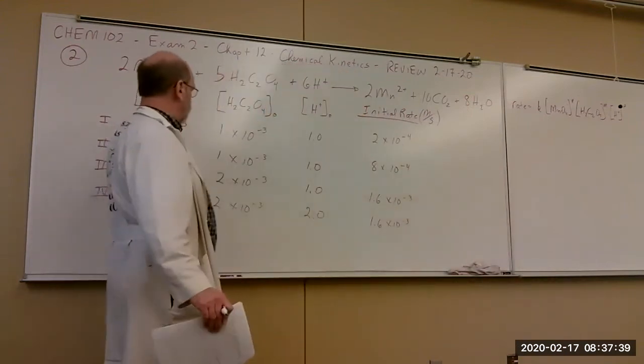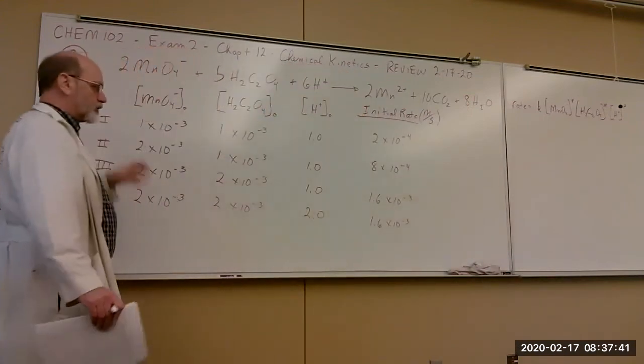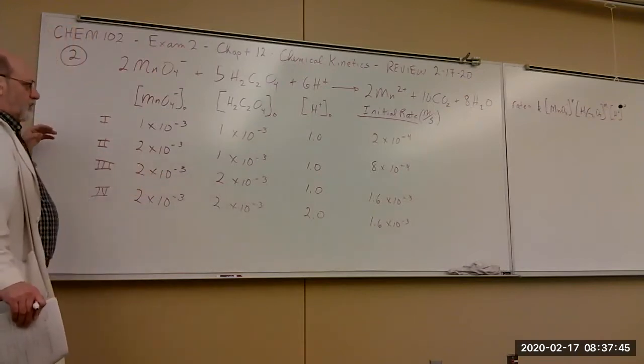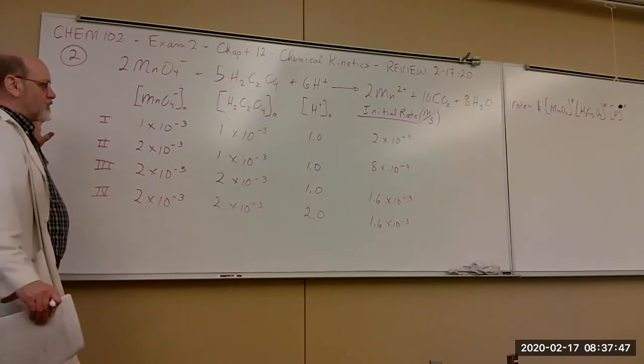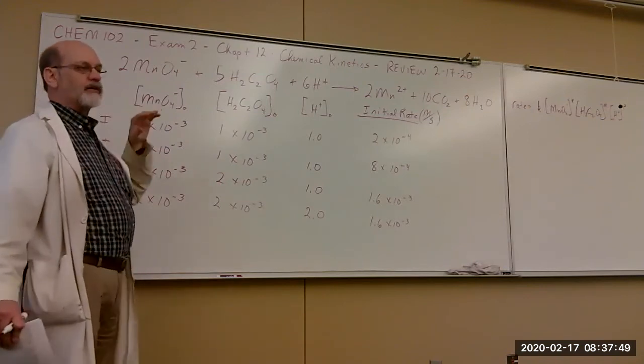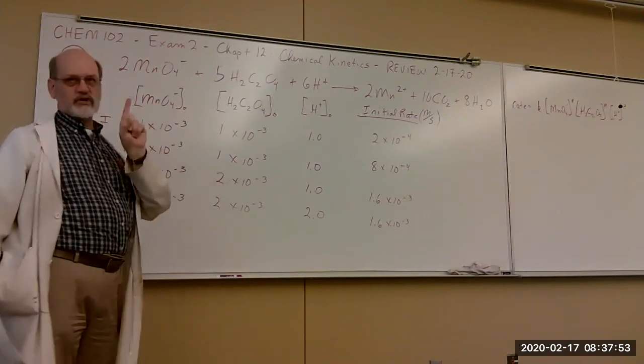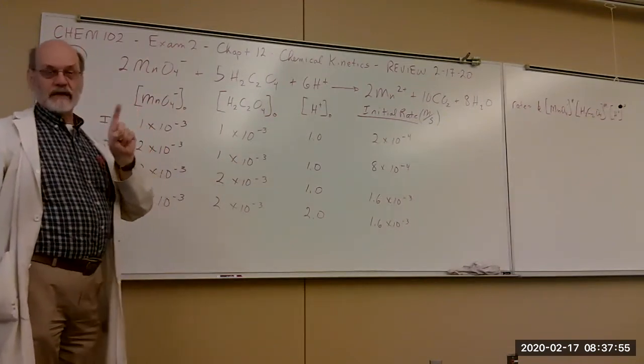Because they're all varying at the same time. So what you have to do is pair them up so that you've got factors that are held constant from one experiment to the next, and you only let one of them change.